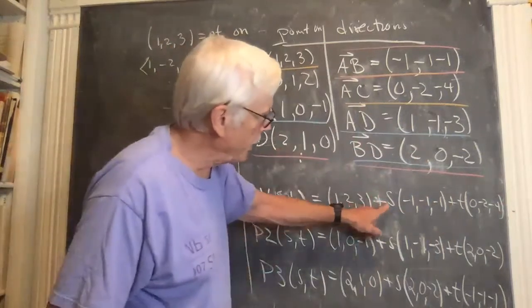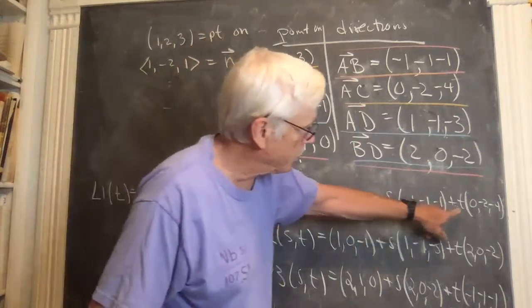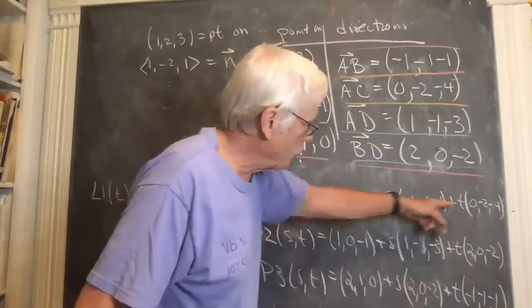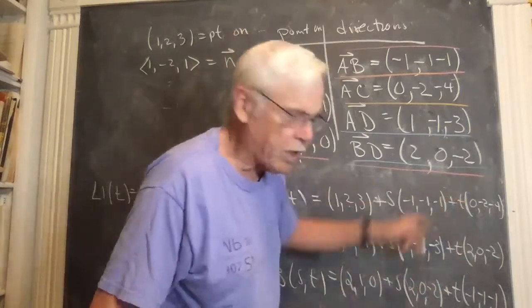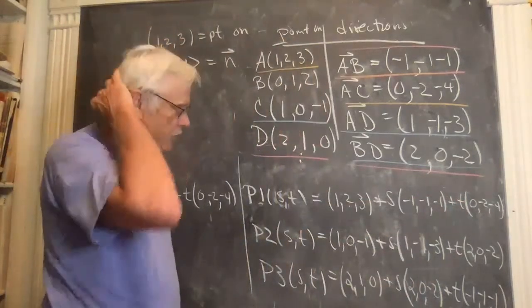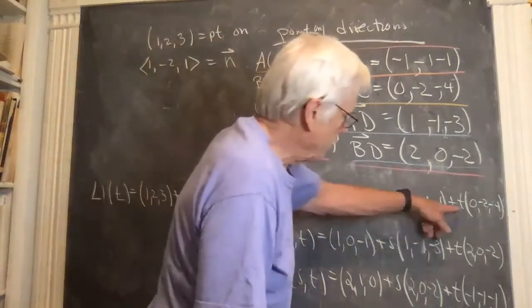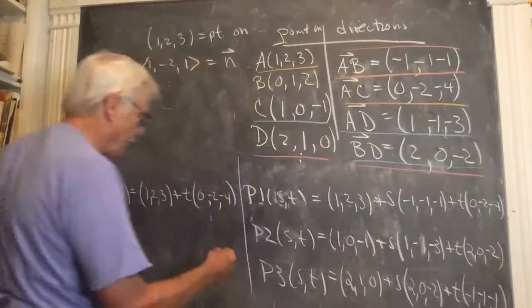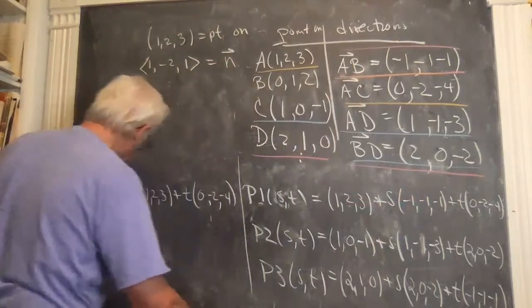Or if you take the free variable s and make it exactly the same as the free variable t, then you could factor out that t and you'd get another line. So every one of these lines can be obtained by manipulating the free variables that are in the equations for the plane, and you can do that for any of them.